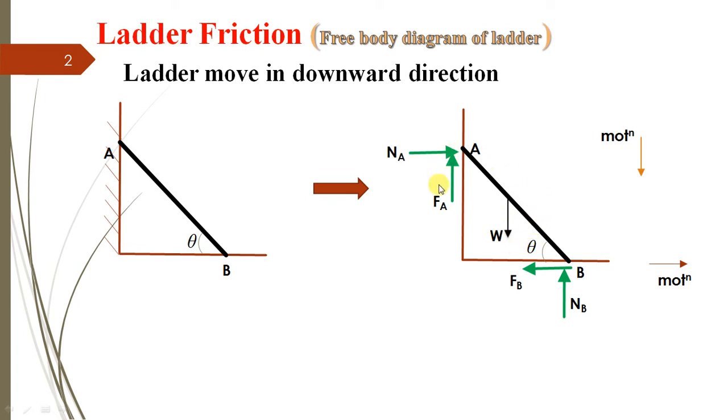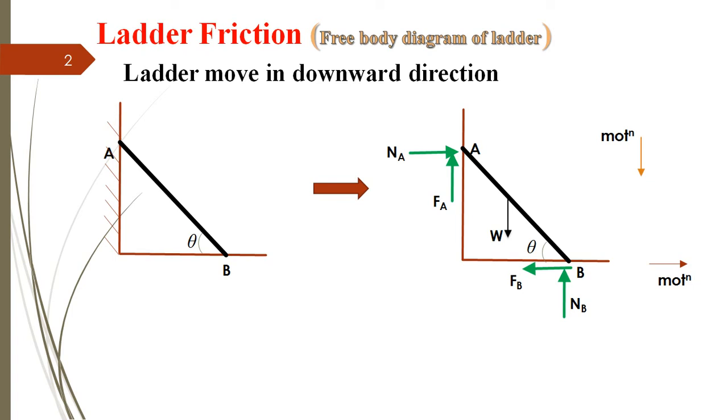Now, is this a concurrent force system problem or a non-concurrent force system problem? After observing this figure, it is clear that this is a system of non-concurrent forces in equilibrium, or equilibrium of a non-concurrent force system. As it is equilibrium of a non-concurrent force system, a third equation will be introduced in this problem.